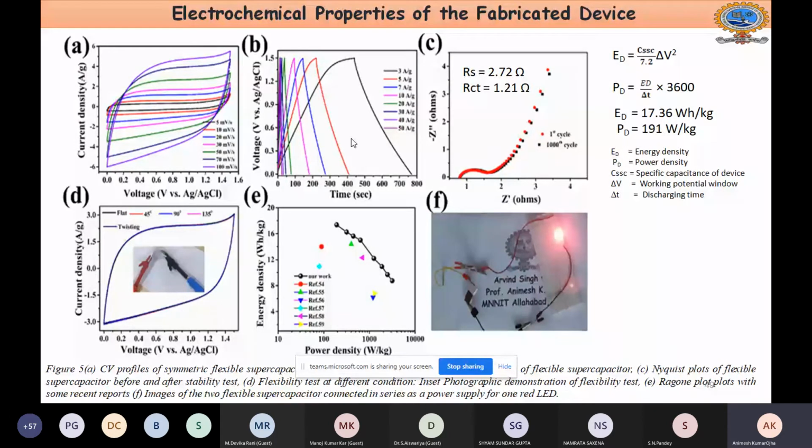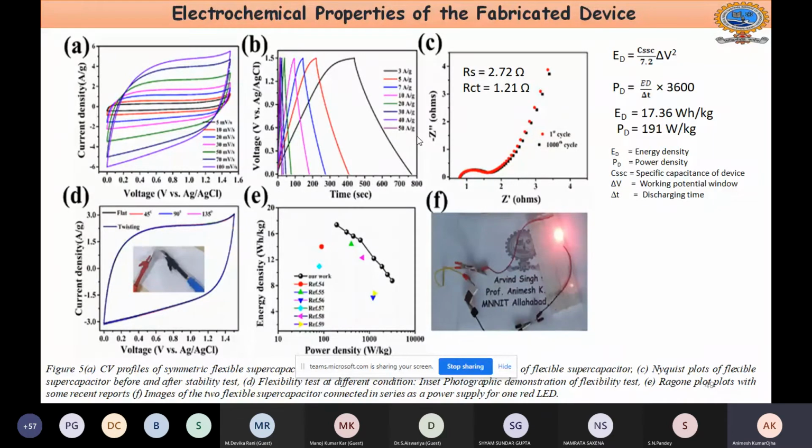And here is the EIS measurement, where we can see a clear semicircle and then an enhancement in the other part.